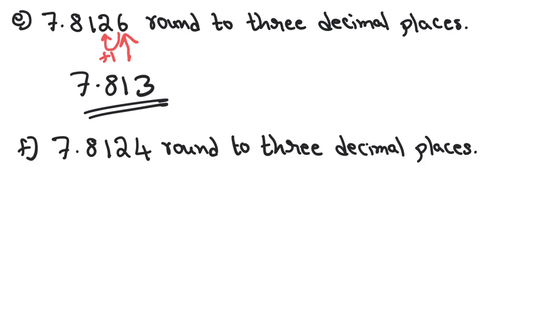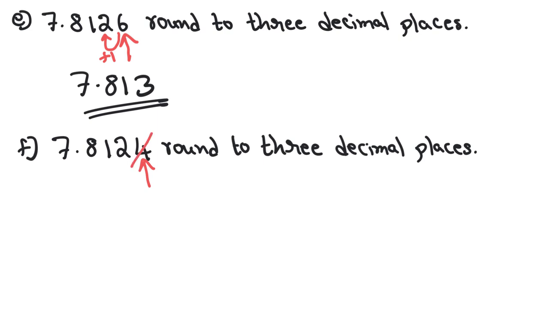Let's try another one. 7.8124, round to 3 decimal places. Take a guess. What will be the answer? Because we have to round to 3 decimal places, this is the first decimal place, second decimal place, third decimal place. So we will look at the fourth decimal place. Is this digit less than 5? It is.